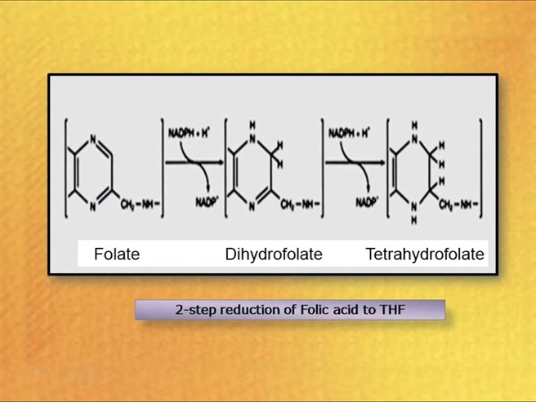Tetrahydrofolate is produced, as we can see in this slide, through 2-step reduction from folate and dihydrofolate. First, folate is reduced to dihydrofolate and dihydrofolate is then reduced to tetrahydrofolate. The enzyme catalyzing this 2-step reduction is dihydrofolate reductase.